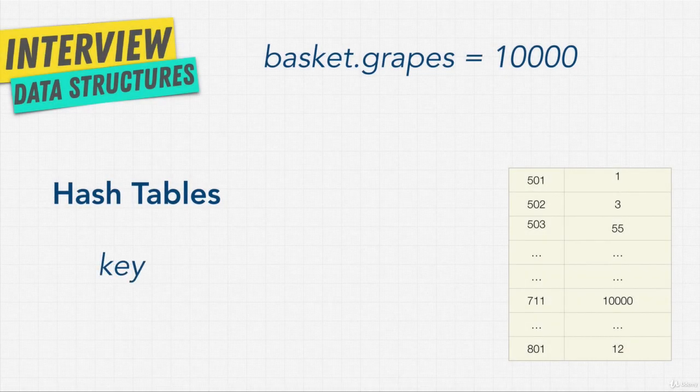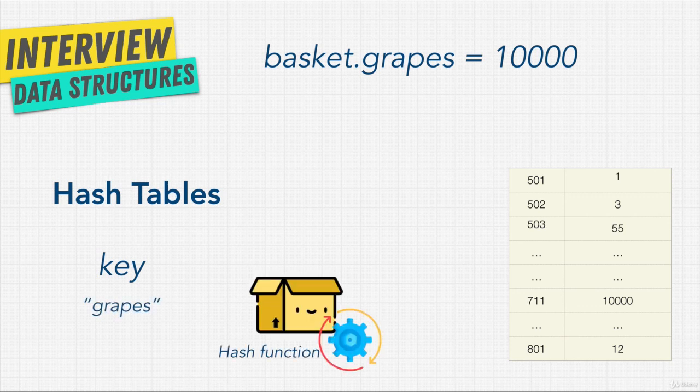To review, we have a key that is grapes. We send it through a hash function that is going to hash something really, really fast and then map whatever the hash came out to be into a memory address where we want to store our data, our grapes 10,000.